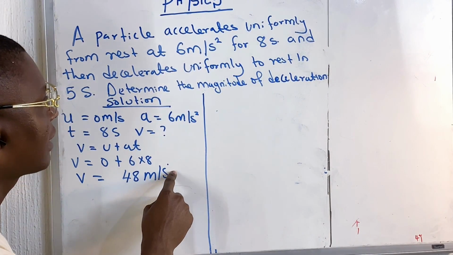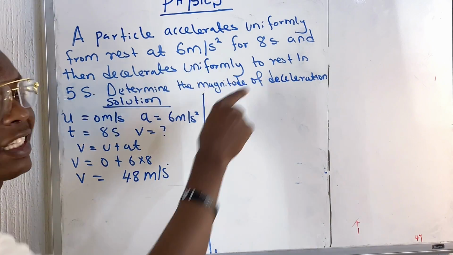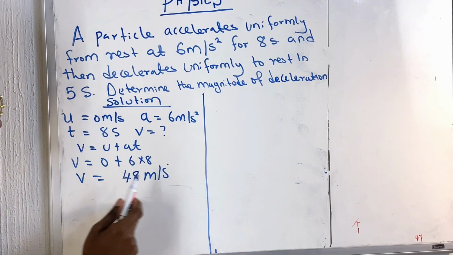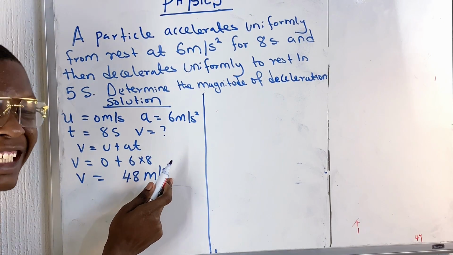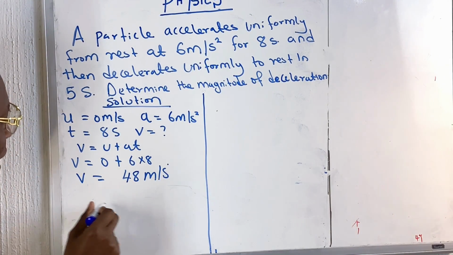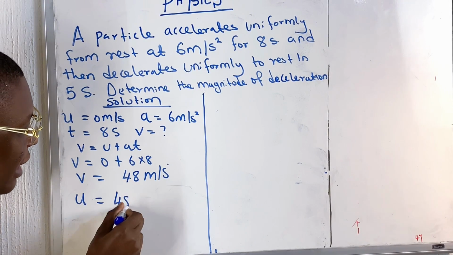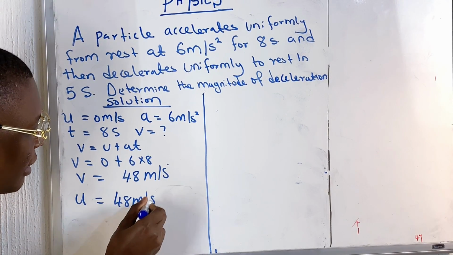So we have seen that the vehicle that was moving got to this velocity. Now at this velocity, it begins to decelerate. For the deceleration aspect, it simply means that this velocity becomes its initial velocity. So u will now become 48 meters per second.